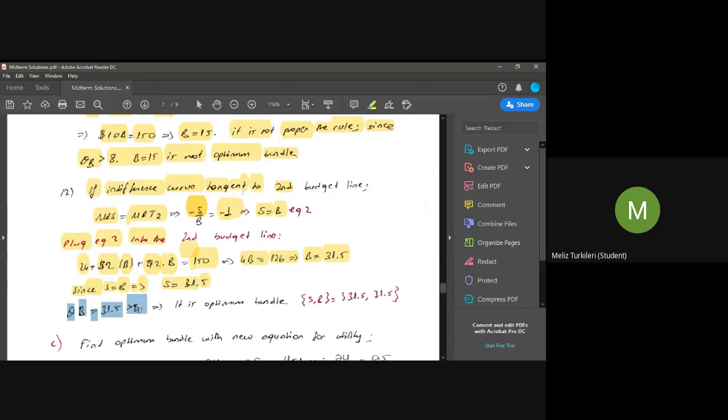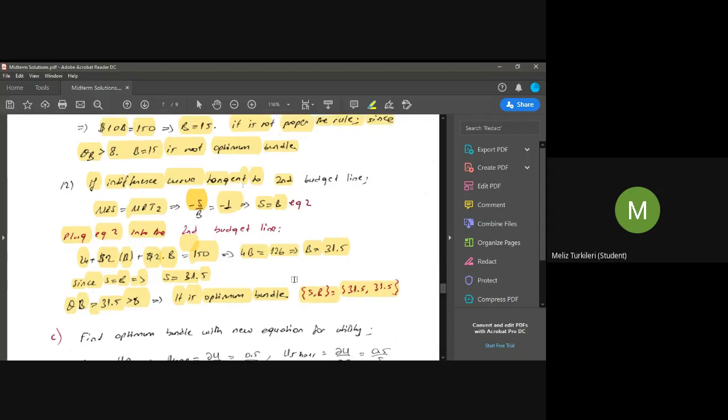Then it is our optimum bundle, because when the quantity of bags is higher than 8, we know that we need to use the second budget line, and it satisfies our rules. Therefore, this one is our optimum bundle. Okay? Is there any question for these parts?